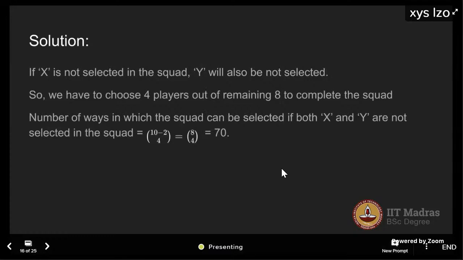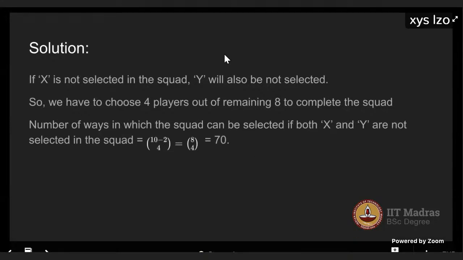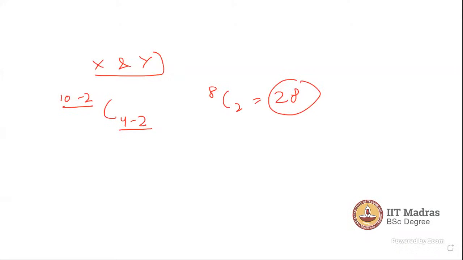Sir, can anyone tell the formula once again for combination? I made a mistake. Here it's given that X is not selected, and if X is not selected, then Y is also not selected, right?